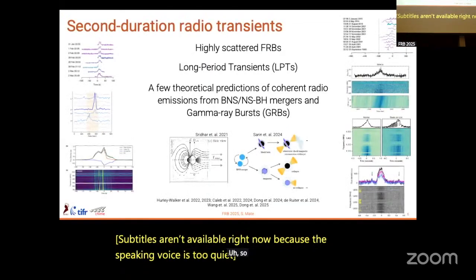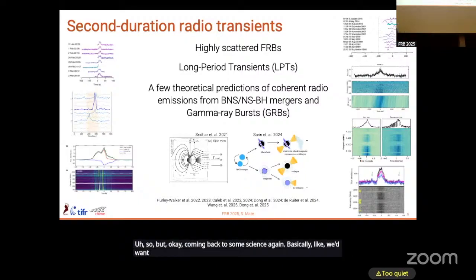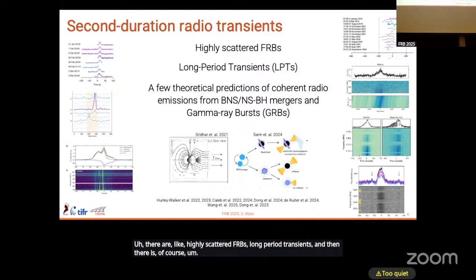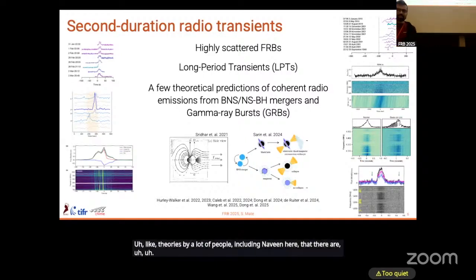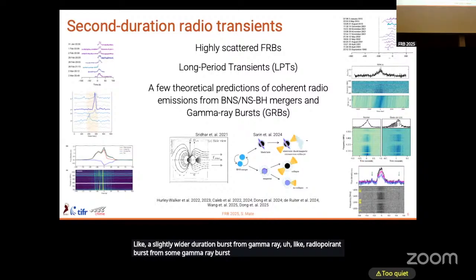But okay, coming back to some science again. We want to look at transients because there are highly scattered FRBs, long period transients, and there are theoretical predictions by a lot of people, including Navin here, that you have a slightly wider duration radio coherent burst from some gamma ray burst or direct neutron star mergers.